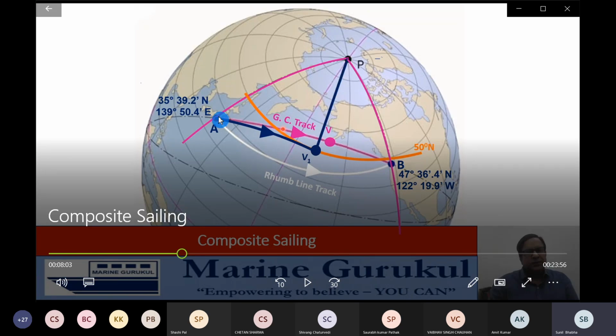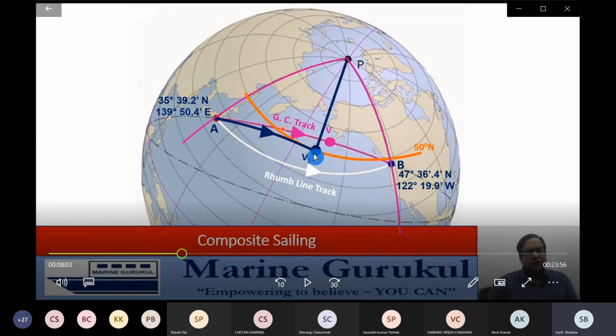PA is the meridian of A, PV1 is the meridian of vertex 1, A to V1 is a GC track. So we have a special spherical triangle. We can apply Napier's rule also if required. So let's proceed ahead from here.